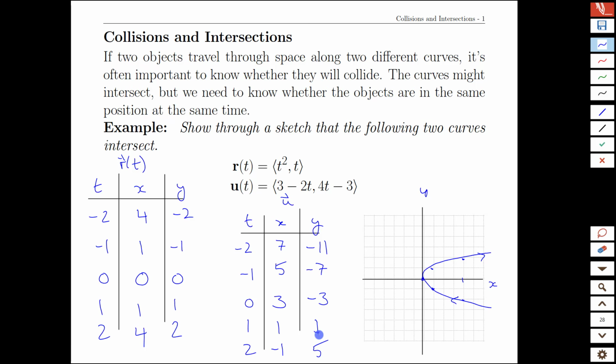That gives us a little harder to see here because we go off the axis pretty quickly, but we have some points that we can refer to, such as 3 and negative 3, and then 1 for x and 1 for y, oh, there's a possibility right there, and negative 1 and 5.